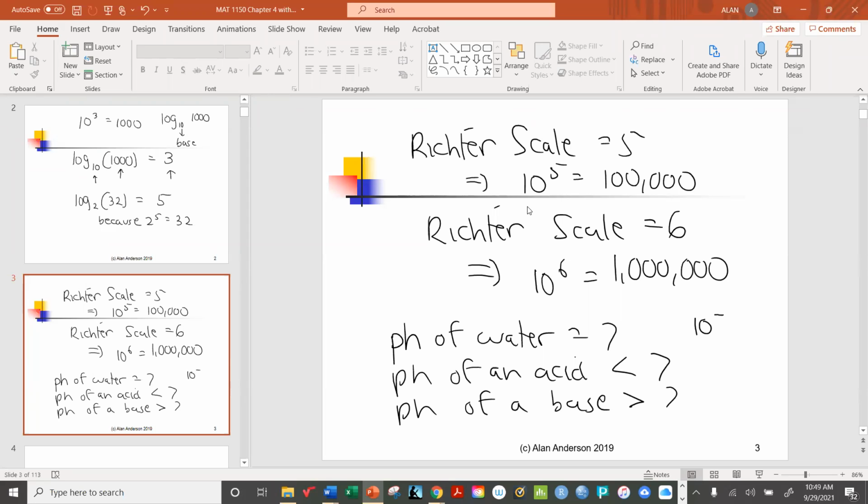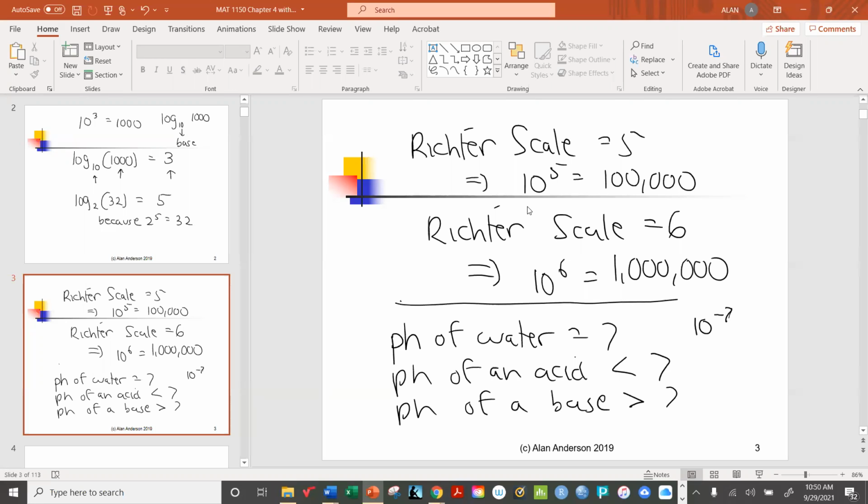So in other words, if you're told that the water's pH is 7, they really mean 10 to the minus 7. So the log turns it into something more comfortable for people. It's more easily understandable if we call it 7 rather than 10 to the minus 7. The same thing with Richter scales. You don't want to be explaining to the public what 10 to the 5th means. So instead, you just call it 5 or 6.